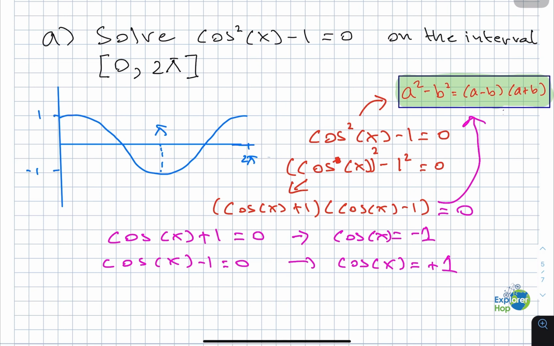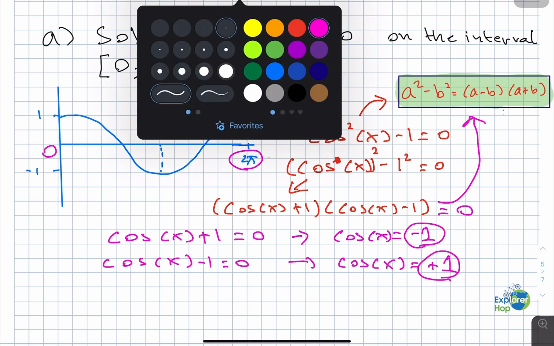Okay, so now we have to look at our interval, which is 0, which is 0 here, to 2 pi, which is here. So in this interval, when is cos of x 1 and minus 1? So let's take a look at that.